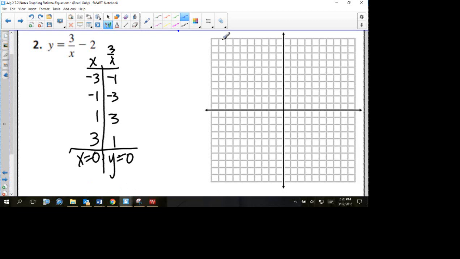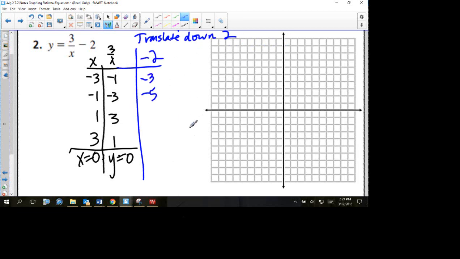So then what's that minus 2 do? It goes down 2. So translate down 2. So to my y values, I subtract 2. To my y asymptote, I subtract 2.